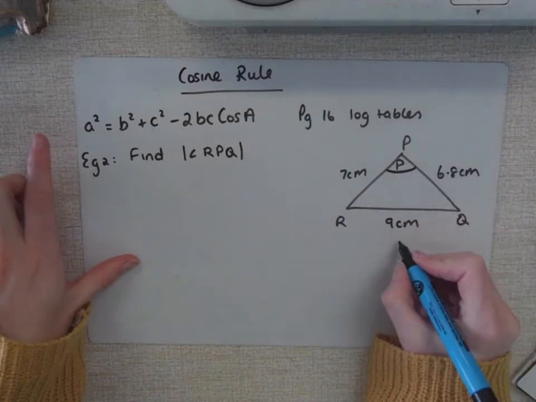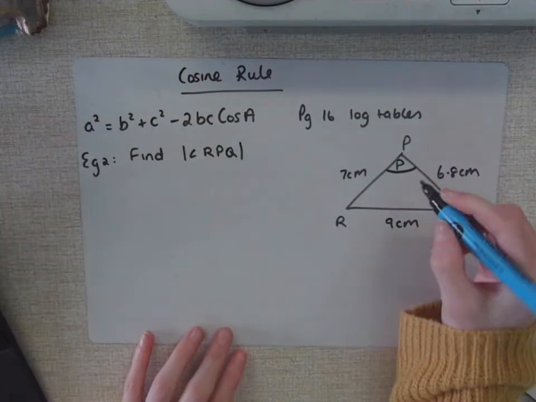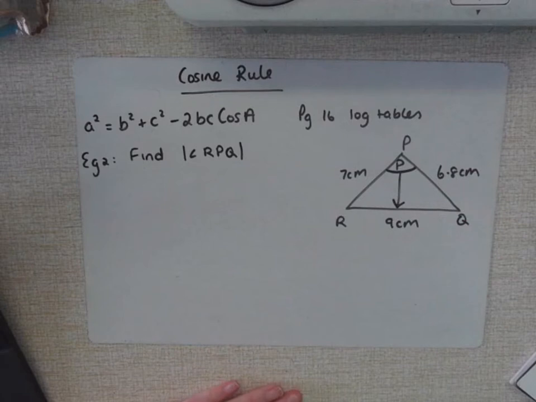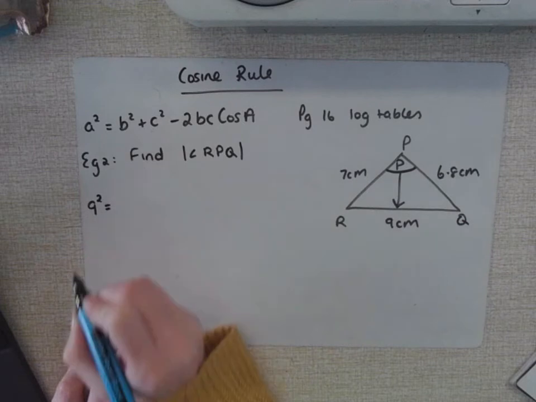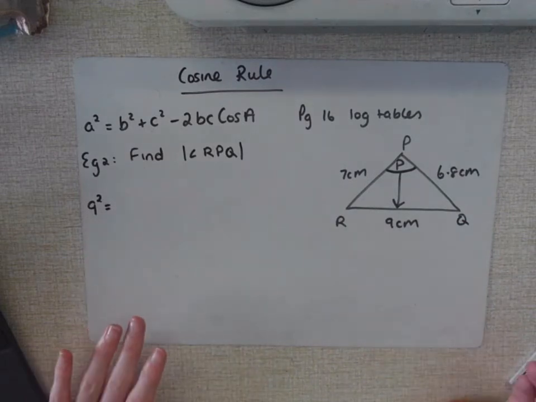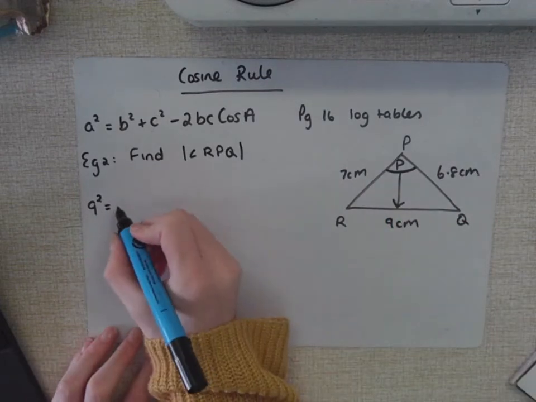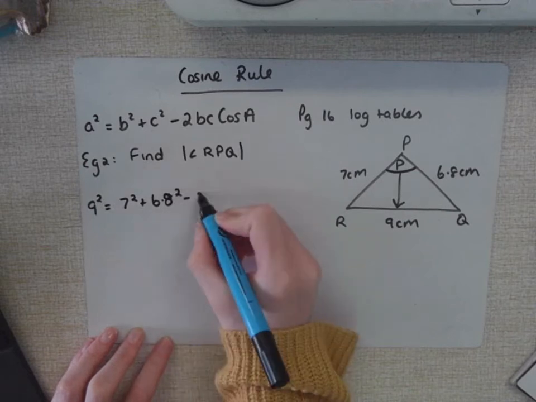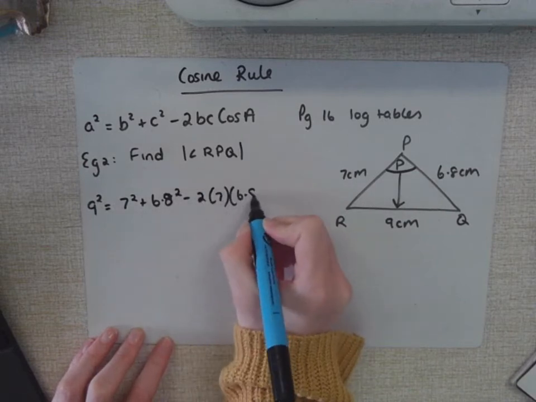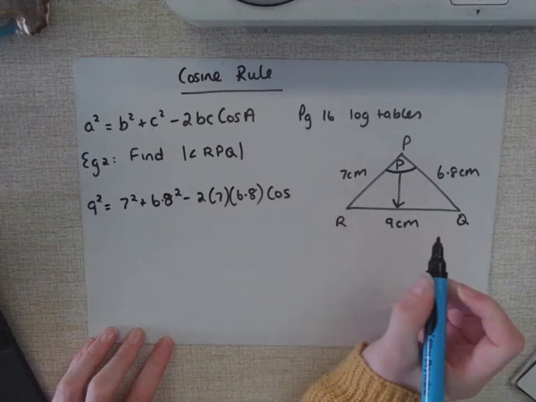Remember, this is always the A, so you're always going to start with the side opposite the angle. So 9 squared equals, and then it doesn't matter after that which is your B or your C. 7 squared plus 6.8 squared minus 2 times 7 times 6.8, cos of the angle in the middle.